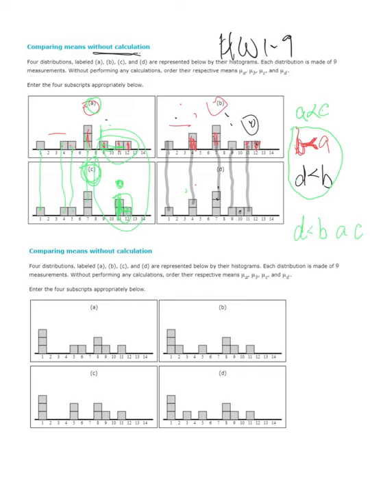That should be the order of these means. D being the smallest, B being the next, A being the next, and then C being the biggest.